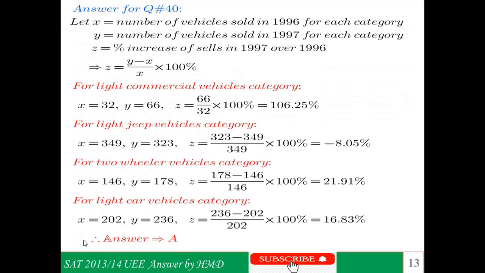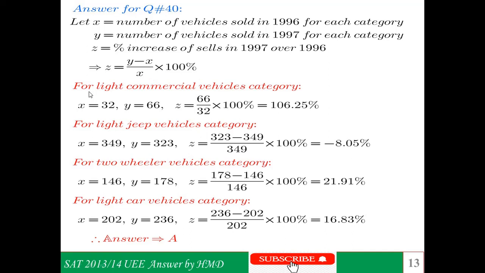Here is the answer for question number 40. So let X be the number of vehicles sold in 1996 for each category, and Y be the number of vehicles sold in 1997 for each category. Z be the percentage increase of sales in 1997 over 1996, and it becomes, as usual, (Y minus X) over X times 100%, right?